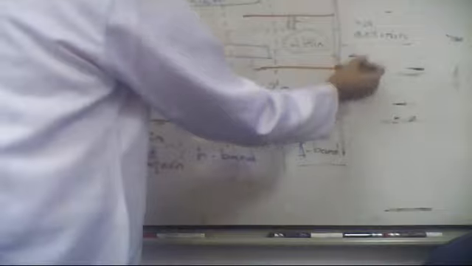Then we have nebulin. This nebulin attaches the actin, or the thin filament, to the Z line.